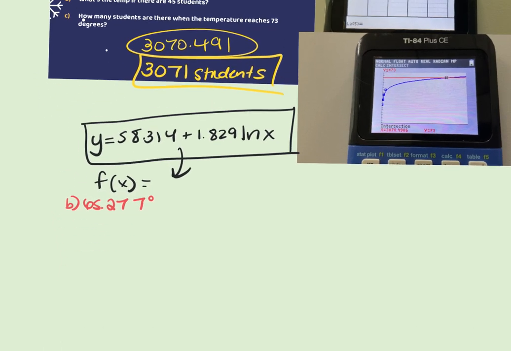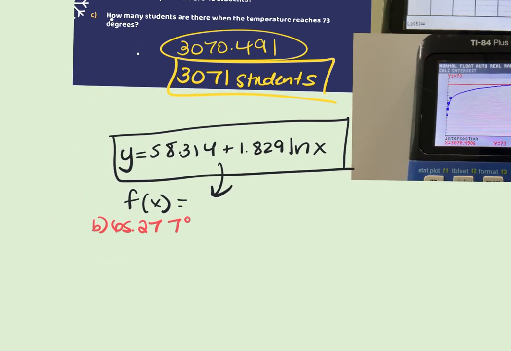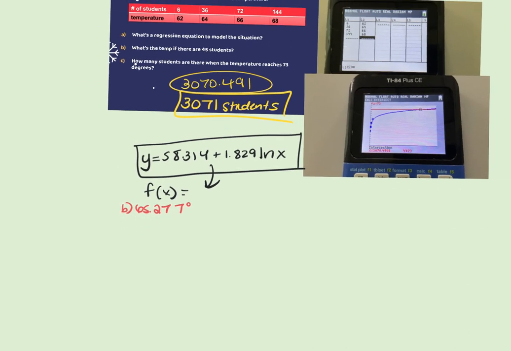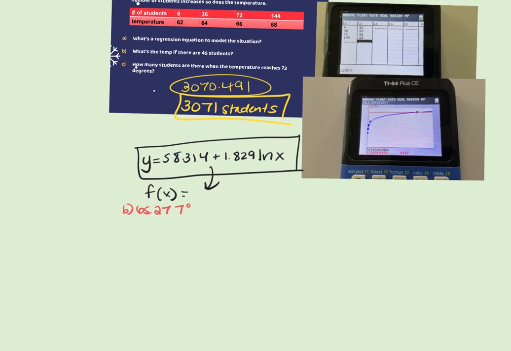All right, so now let's think about what happens if my graph was like it was and we didn't keep trying. How else could we solve this algebraically? Just plug in your 73 to your y. So 73 would equal 58.314 plus 1.829 ln of x.